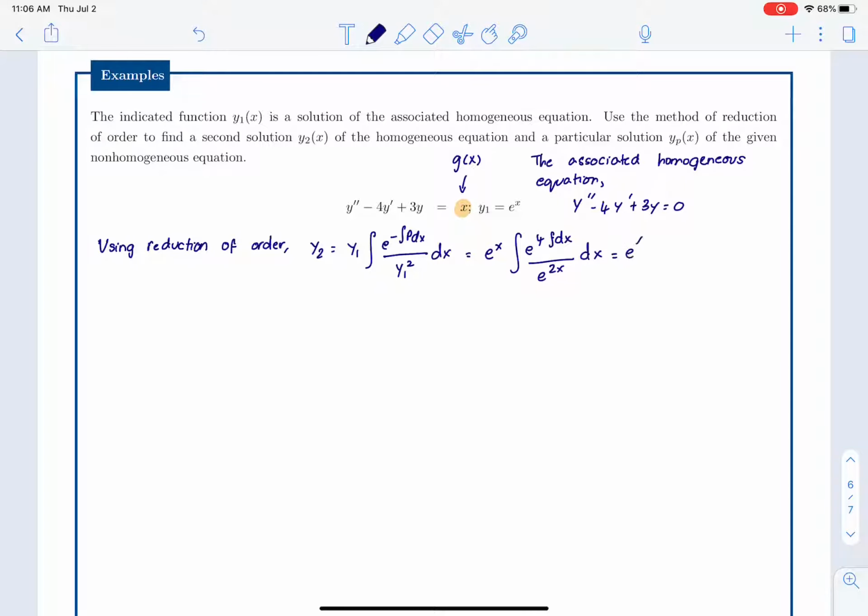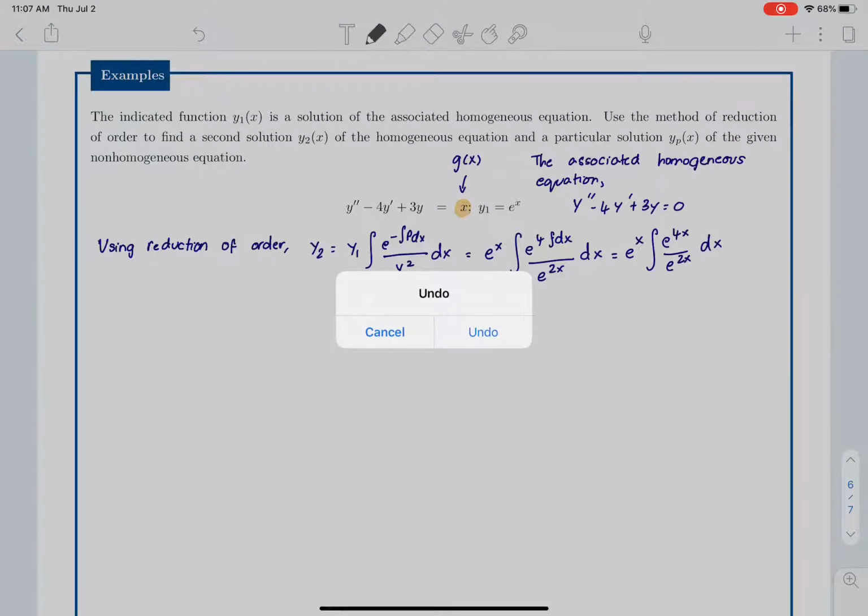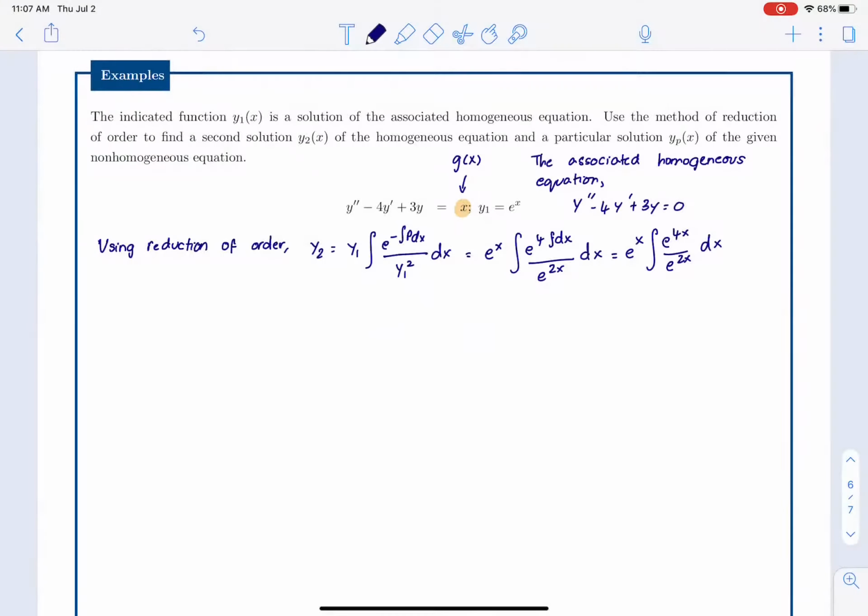And that is e raised x times the integral of e raised 4x divided by e raised 2x dx. And that is going to give us e raised x times the integral of e raised 2x dx.